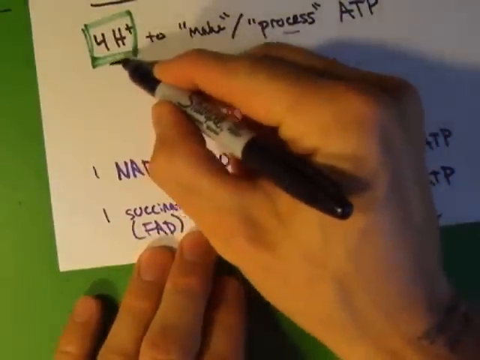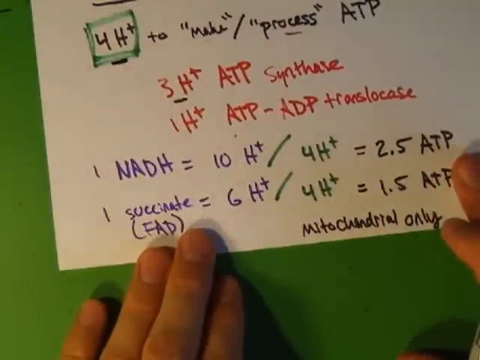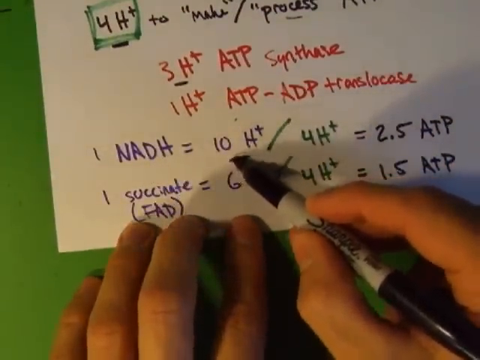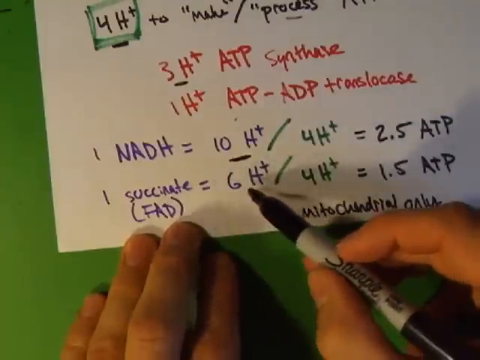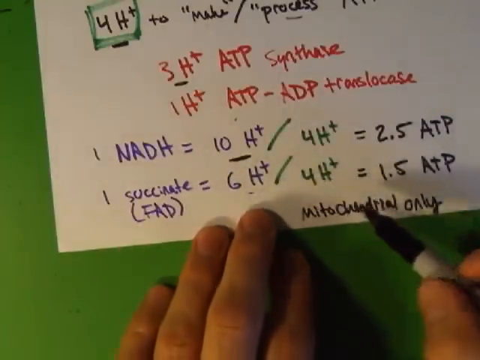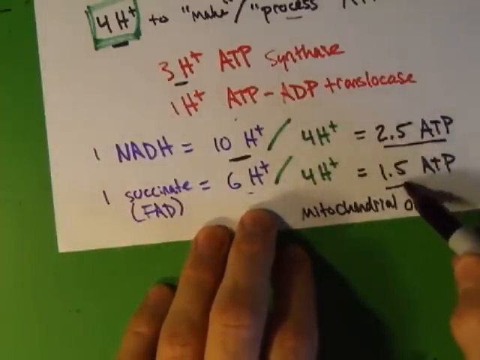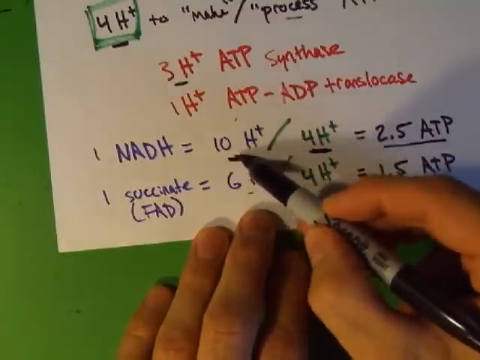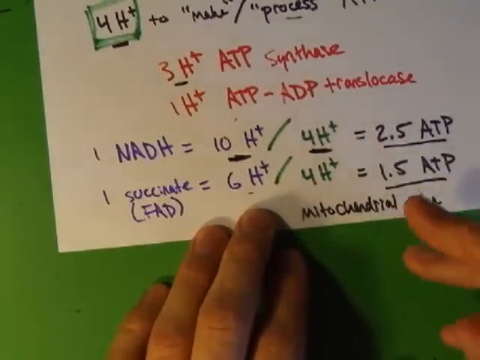So because we know we need 4 protons per ATP, when you have 1 NADH makes 10 protons, and 1 succinate makes 6 protons, that's where the numbers are coming from for the ratio. 4 protons per ATP, and 1 NADH gets 10 protons.